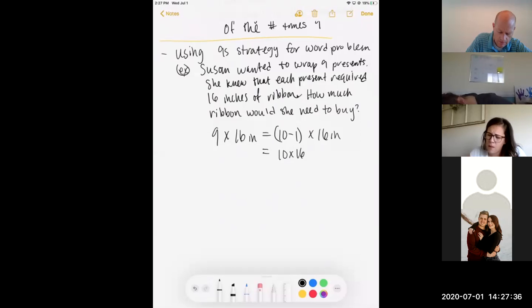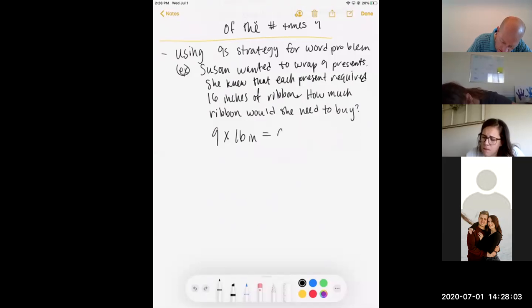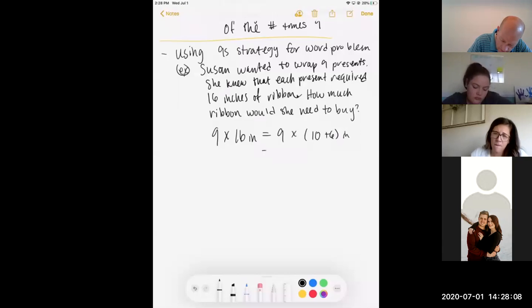So you do 9 times 1 is 9, and instead of leaving it at the 10, the 1's place is the 10, you just add it back in with the times 10. And then I would do 9 times 6 and then add them together. Oh, okay, yeah. So what she did was 9 times 10 plus 6, 9 times 10 plus 9 times 6.